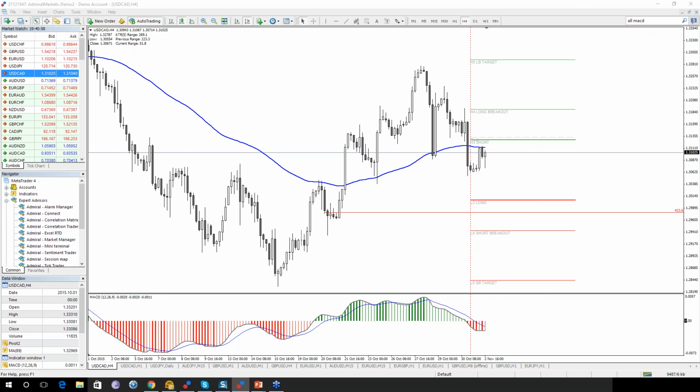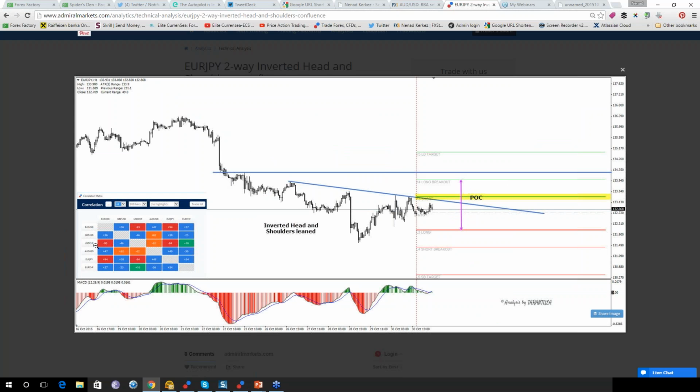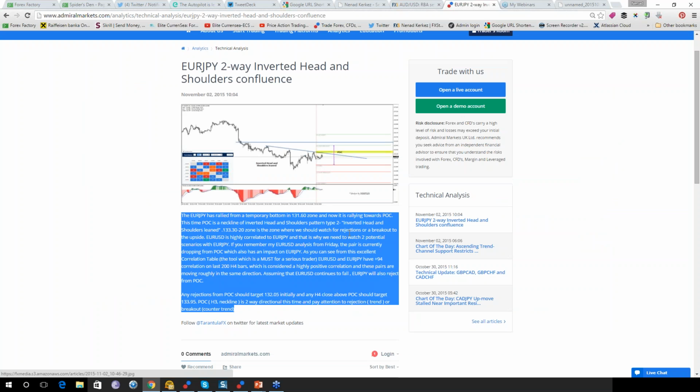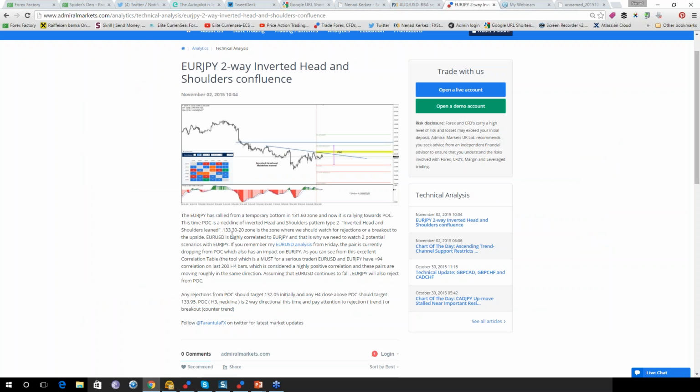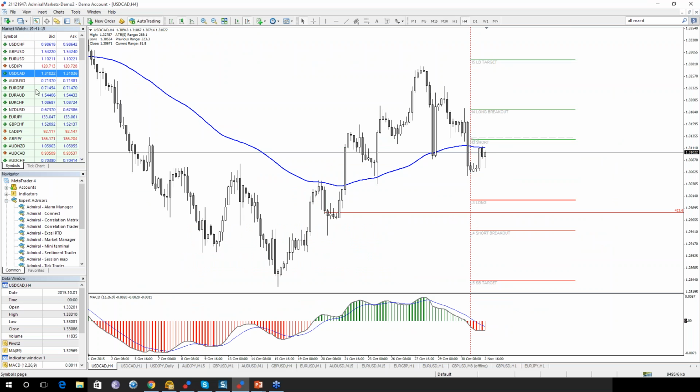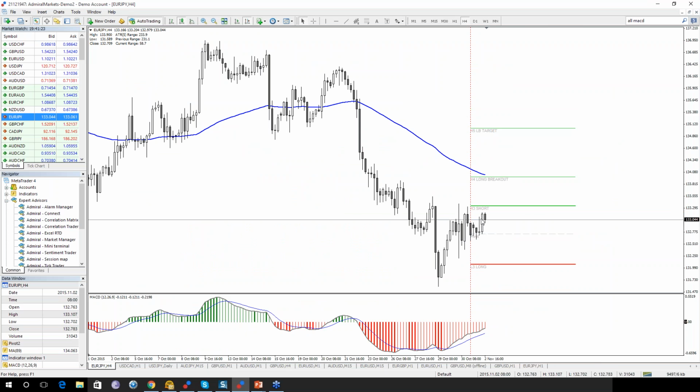And I will do now Swiss yen, but let me show you first Euro yen today. This is that tool, correlation matrix. And I told you that if the price gets to 133.20, which it did, it could reject. Now we are seeing rejections of Euro yen of these zones here, 133.20.